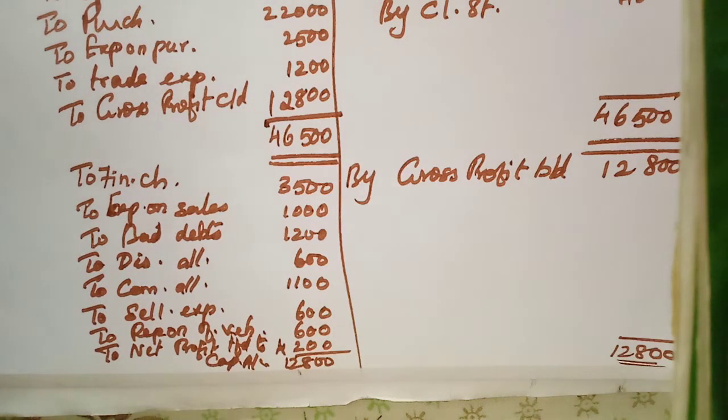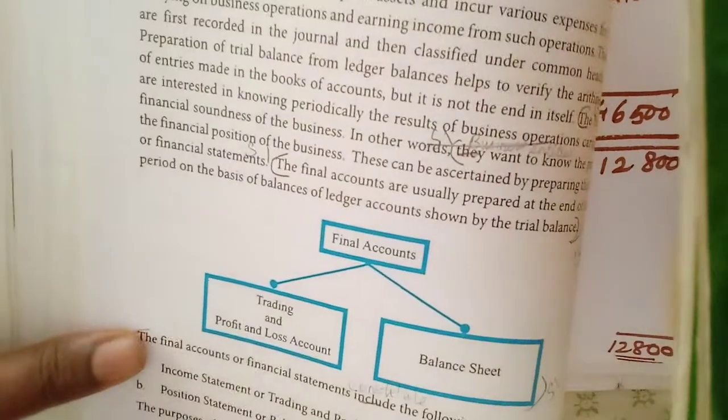Okay. Then short answer. What are final accounts? What are its constituents? In my book, page 86. Okay. What are final accounts? The first paragraph, last sentence.